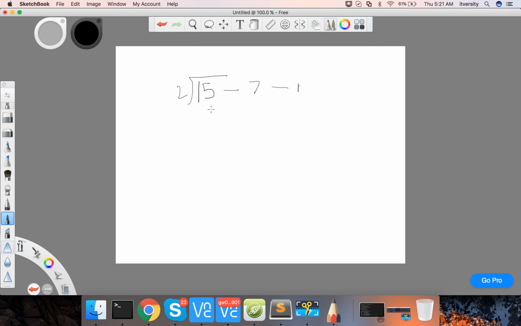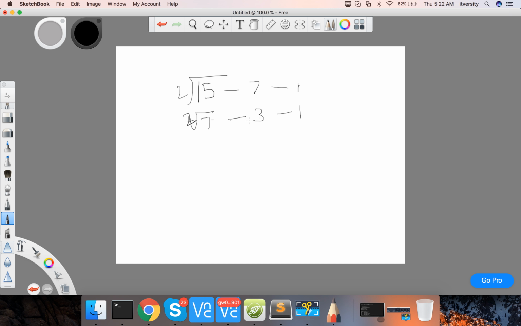Now we have to take the quotient 7 and again divide it by 2, and then it will give a new quotient which is 3, and the remainder is again 1.